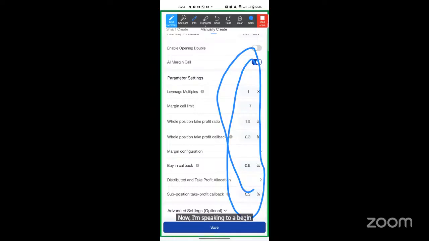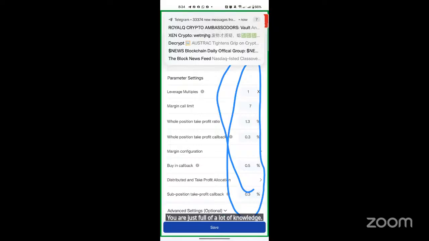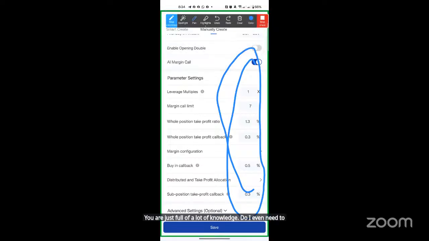The only thing I need to understand is the first buying amount. You are broke for nothing, my brother. You are just full of a lot of knowledge. I just need to make sure I have enough USDT and I'm not creating a bigger first buying amount.